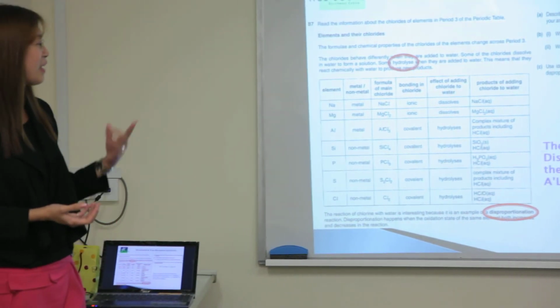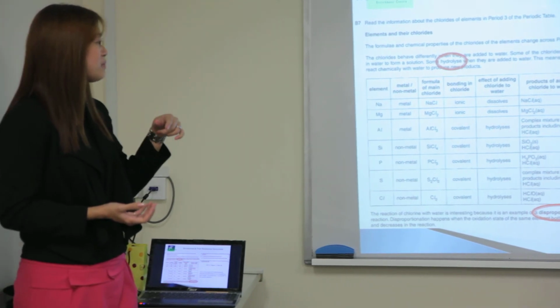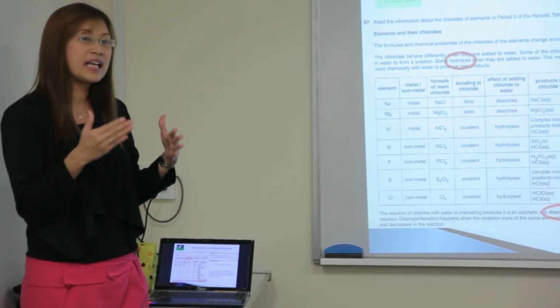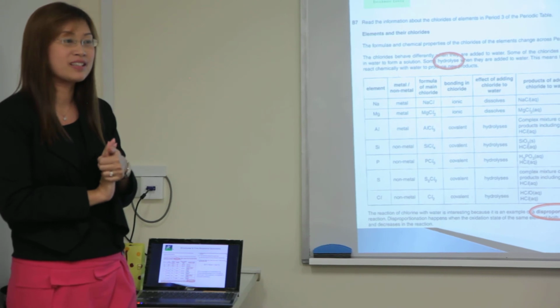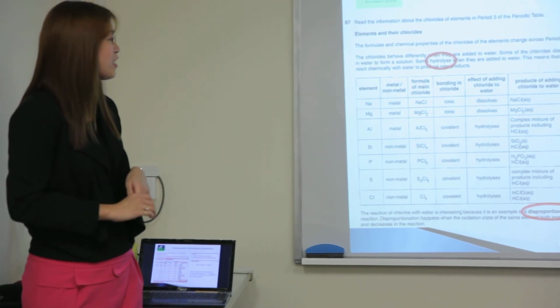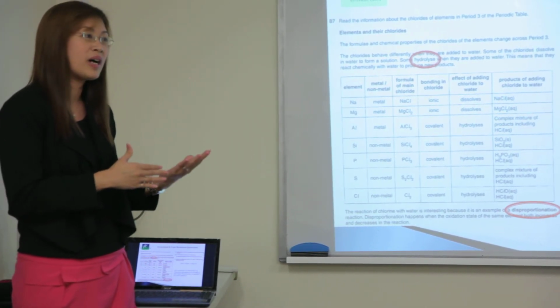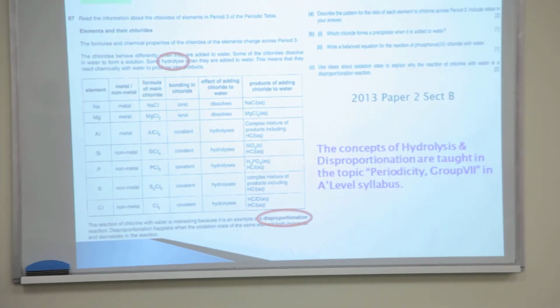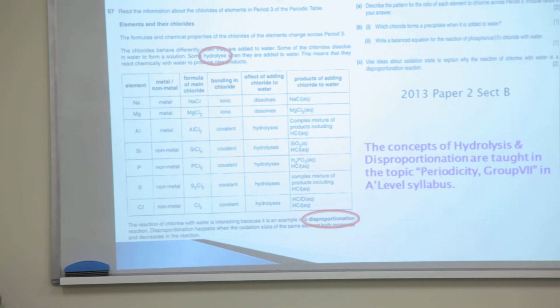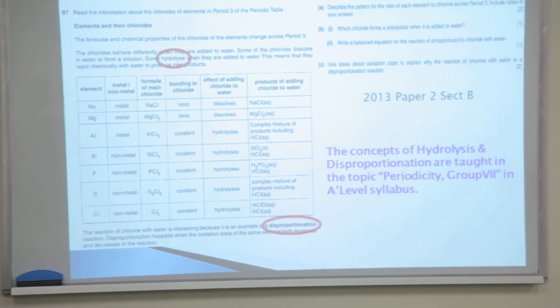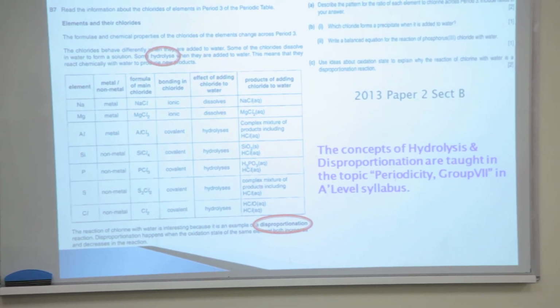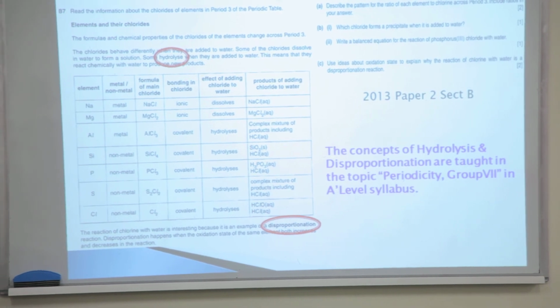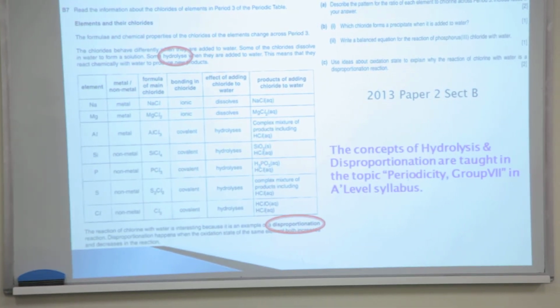In fact, disproportionation is supposed to be linked up with the chapter on redox reactions. In redox, if we understand what is a reduction and what is an oxidation, then when you see this word disproportionation, you'll be able to handle the questions better. Do you remember what disproportionation is, Sherilyn? If I'm not wrong, I think your school notes have these keywords as well, right?